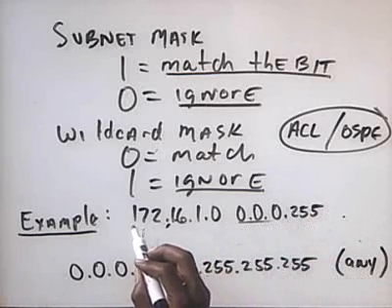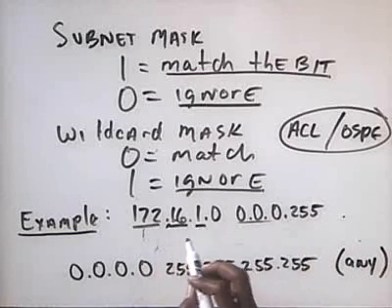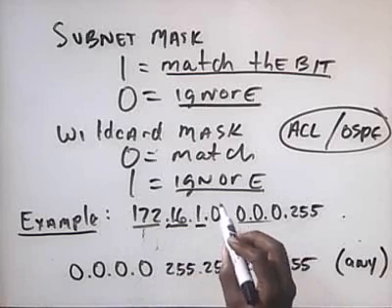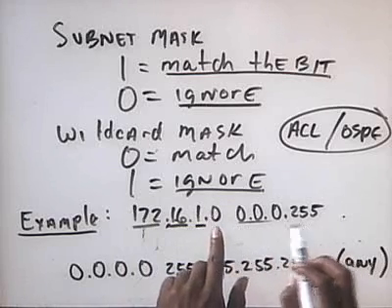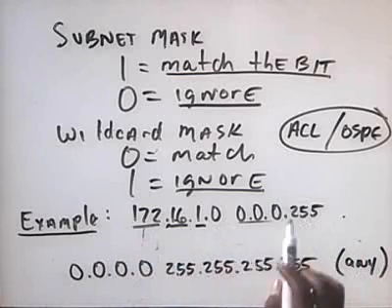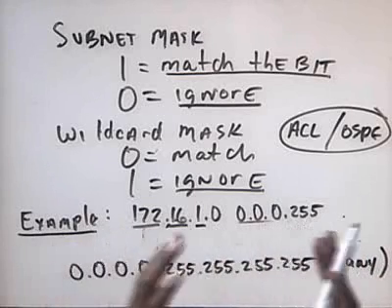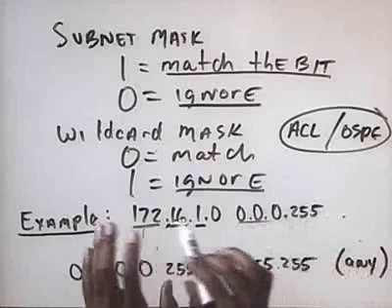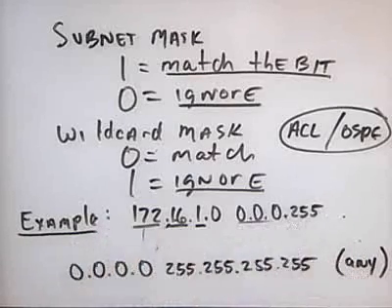This means that we're going to match the network portion of that address, or the subnet portion of that address, and we're going to ignore the corresponding host bits for that address. This way we would permit or deny all traffic to or from that particular subnet.